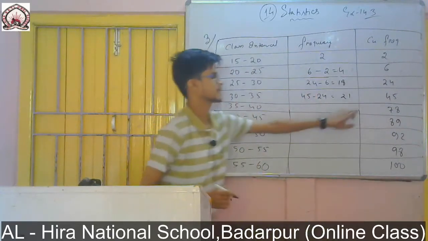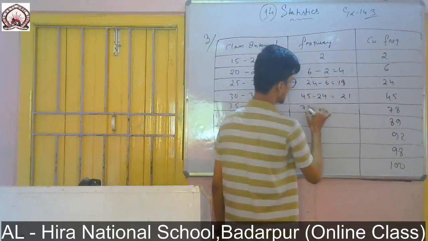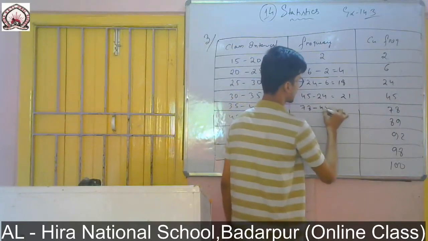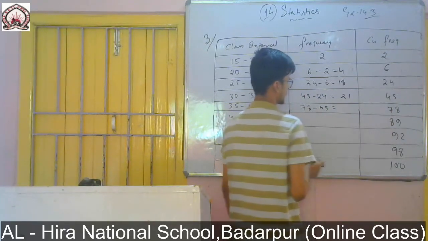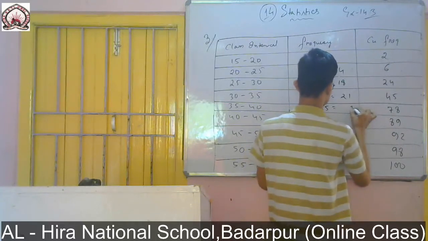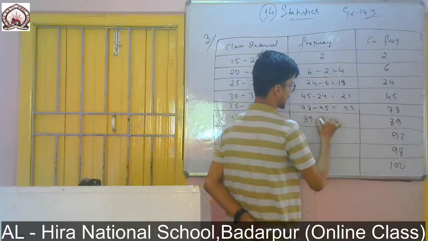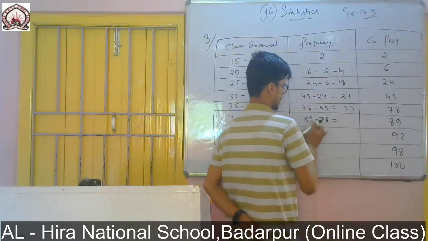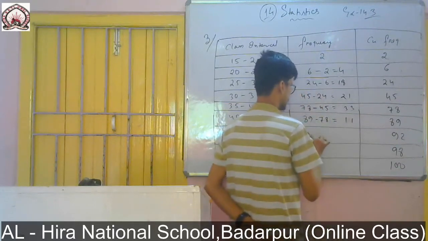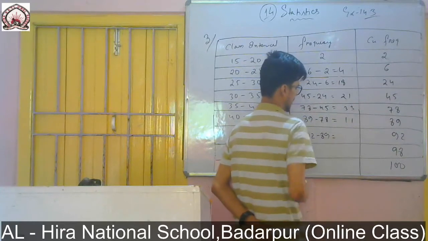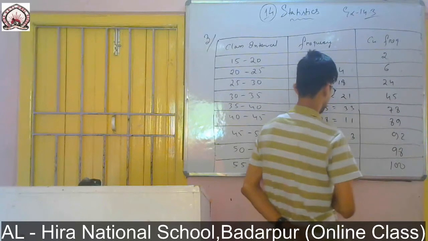Then I will subtract 45 from 78, simple thing, this one minus that one, so it will be 33. Then 89 minus 78, so 9 minus 8 is 1, 8 minus 7 is 1, so 11. Then 92 minus 89, so only 3.